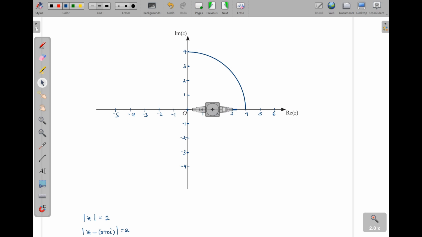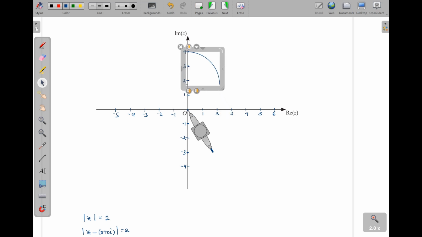It ends at 3.4. So what I will do is just to diminish this one. Actually, let me just leave this one here. Then I diminish this one such that it cuts at 2 and 2. Like that. That is what I'm going to have. Now, I'm going to bring back my compass here.